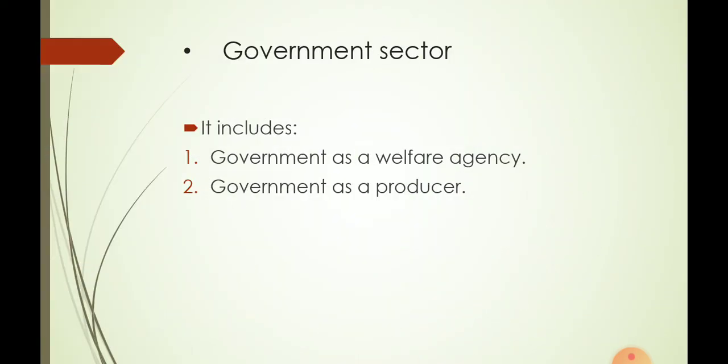Next is government sector. It includes government as a welfare agency and government as a producer. Government as a welfare agency explains the maintenance of law and order and defense and providing public amenities.